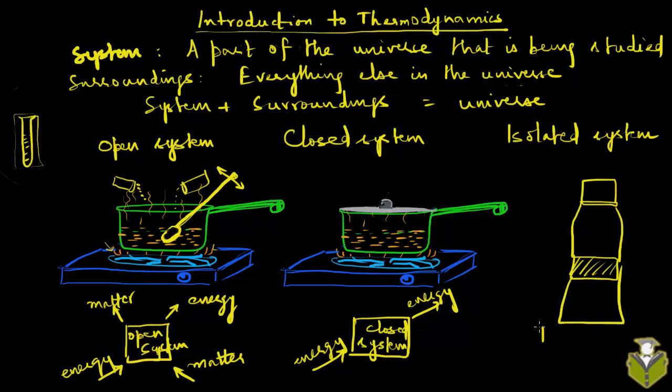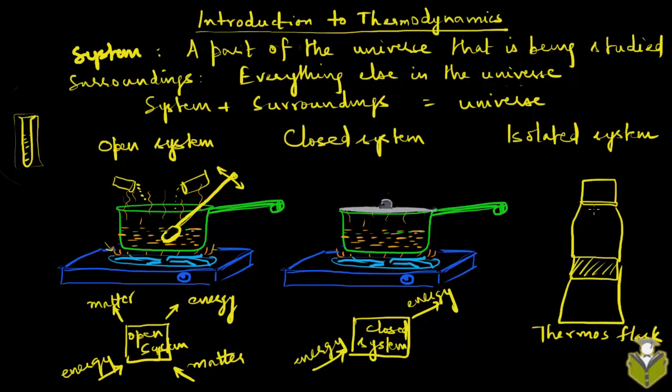So let's say this is a thermos flask. And as you know, a thermos flask generally is used to keep the contents inside the flask, whatever you're having. It could be a coffee or it could be something cold, and you want to keep the contents either cold or hot for a long period of time, then you use a thermos flask.